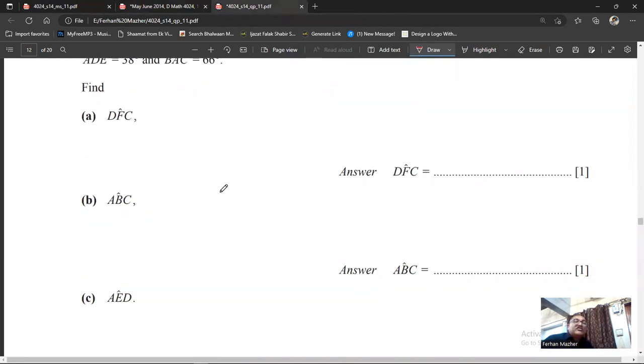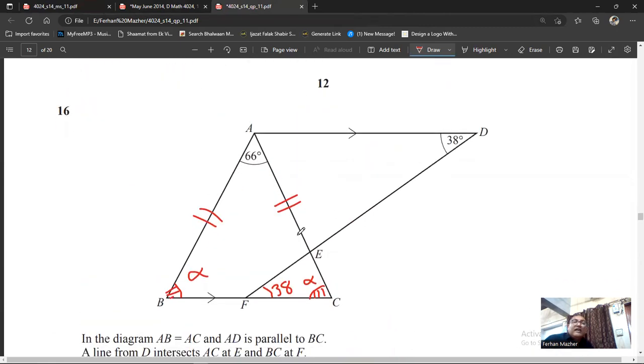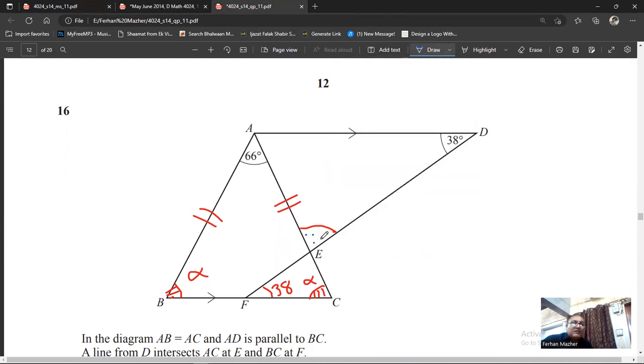Then the question is, what is the value of the AED? AED, this angle. So remember, this angle and this angle, they are same. They are vertically opposite.